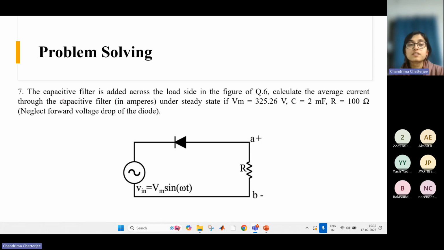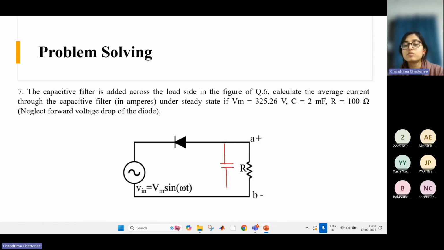So they have asked that in the same circuit, a capacitive filter is added across the load side in the figure of question 6. Calculate the average current through the capacitive filter under steady state if Vm, capacitance, R, all these values are given. So they are saying that now we have added a capacitive filter across the load.